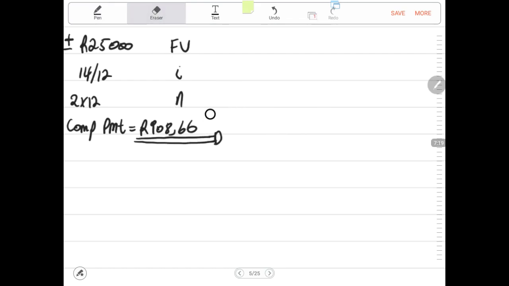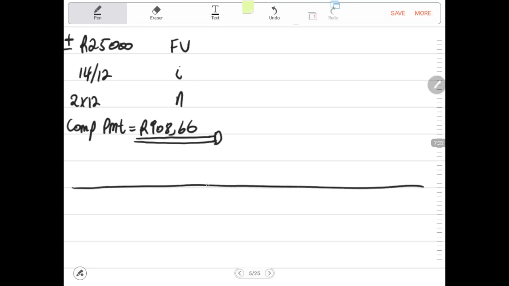And again, there was an example similar to this that we needed to deal with. So we have to say, how much is the future value? Now again, drawing that line, meaning we need to pay up to month number 9. From month number 1 up to month number 9, paying 908 rand 66 cents. 908 rand 66 cents must be paid for 9 months.